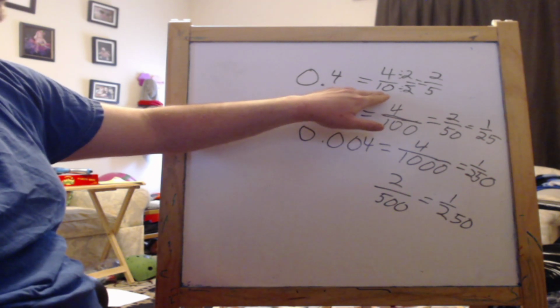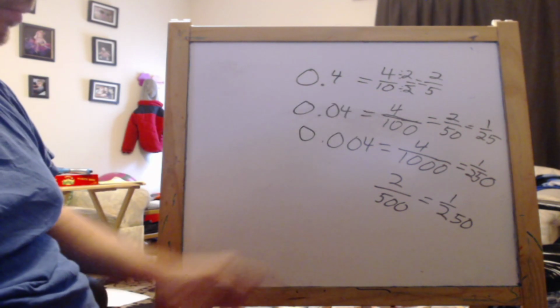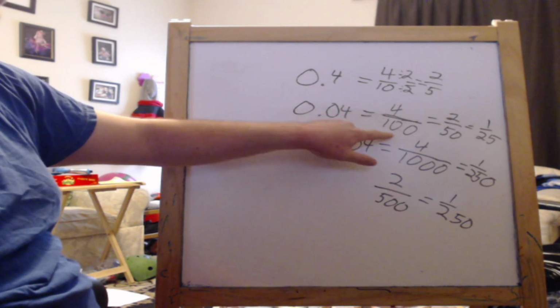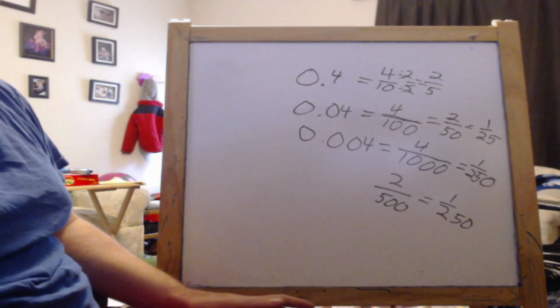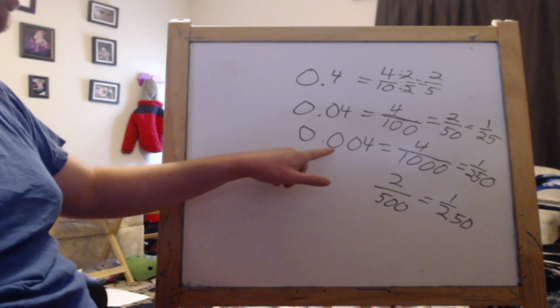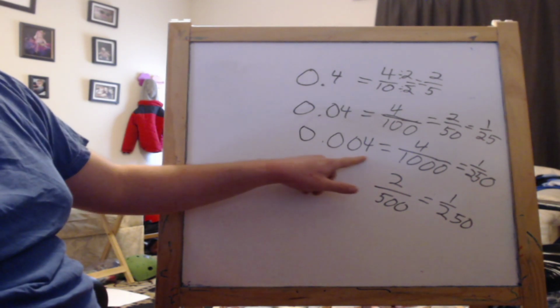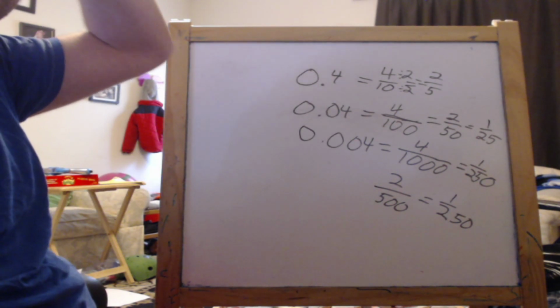So I'm thinking 10, 100, 1000, 10,000, 100,000, right? Because it has to be one of the place values, basically.